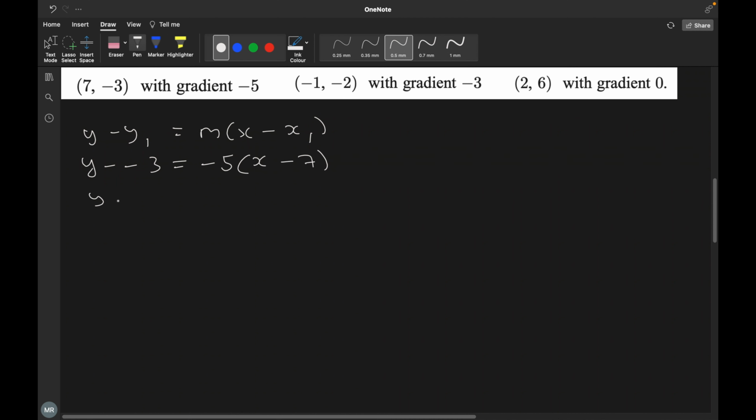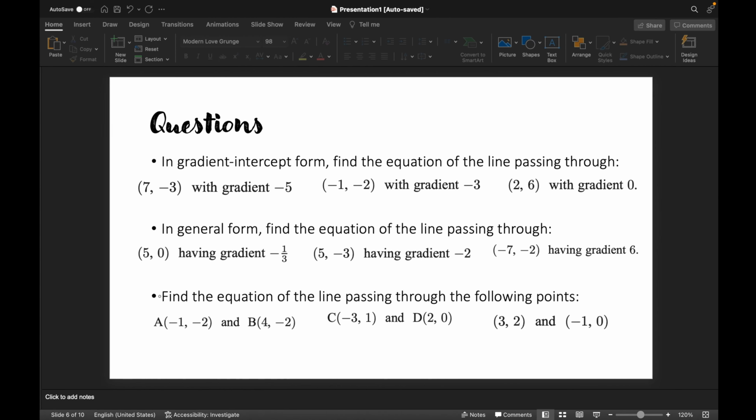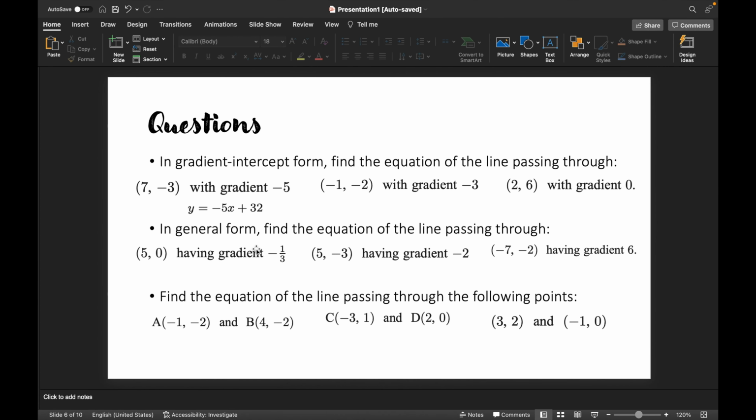Now let's simplify it. So this is our answer. Let's verify if that's actually the answer. Yes, that's what we also got.